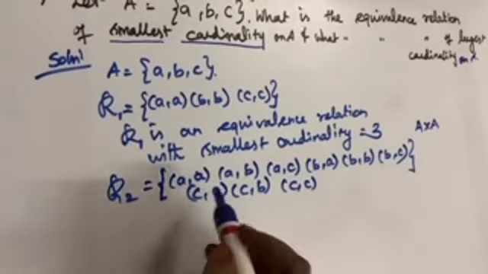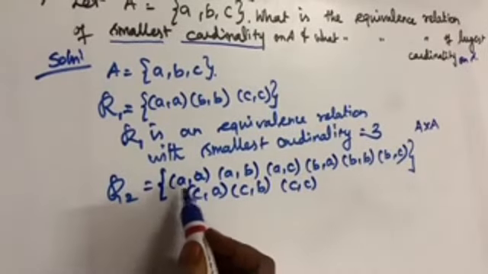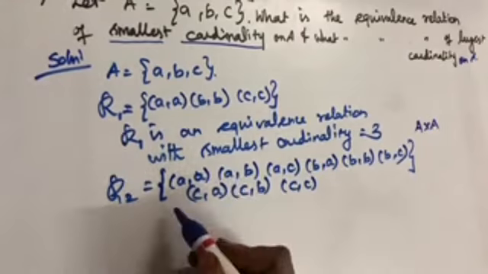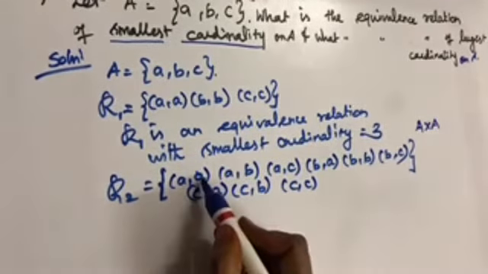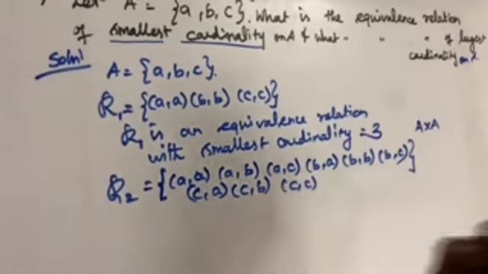So now we have to check whether it is an equivalence relation. The first one, whether it is reflexive. Yes, A comma A is there, B comma B and C comma C is also there.